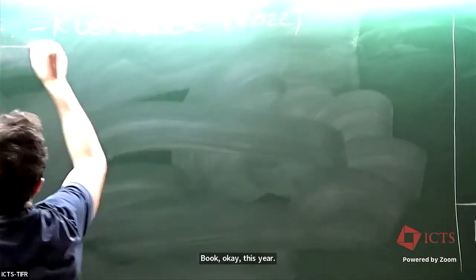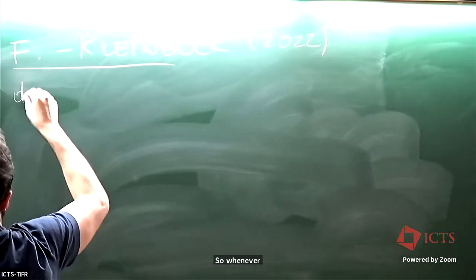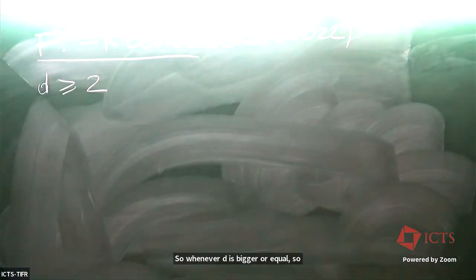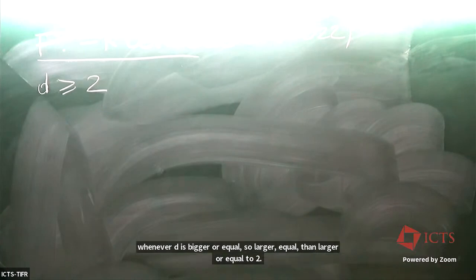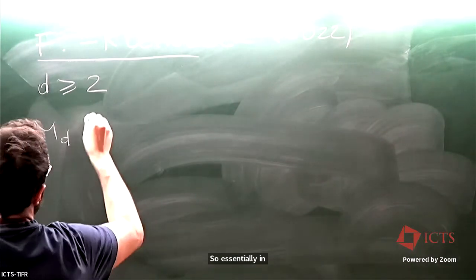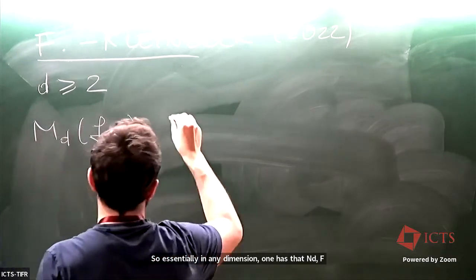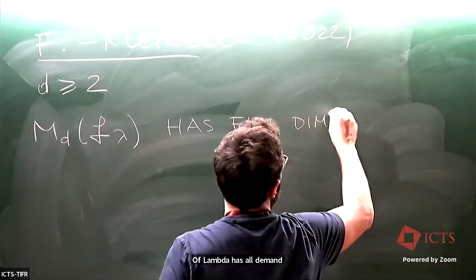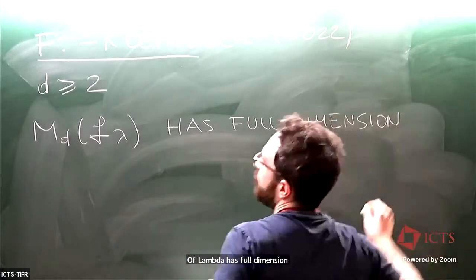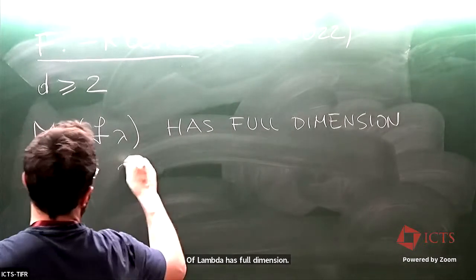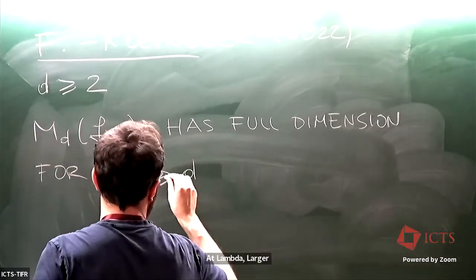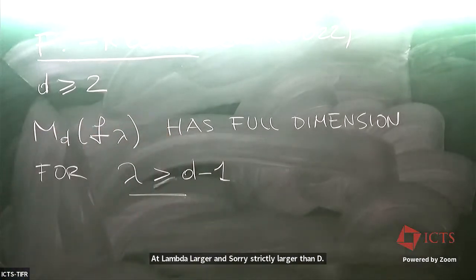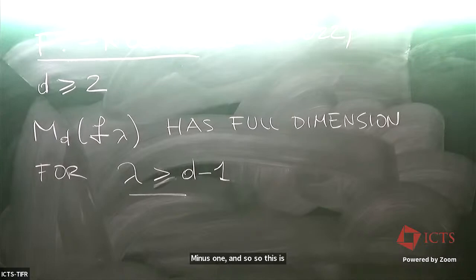Whenever D is larger or equal to 2, so essentially in any dimension, one has that MD F of lambda has full dimension for lambda strictly larger than D minus 1. And so this is essentially a generalization of this result to arbitrary dimension.